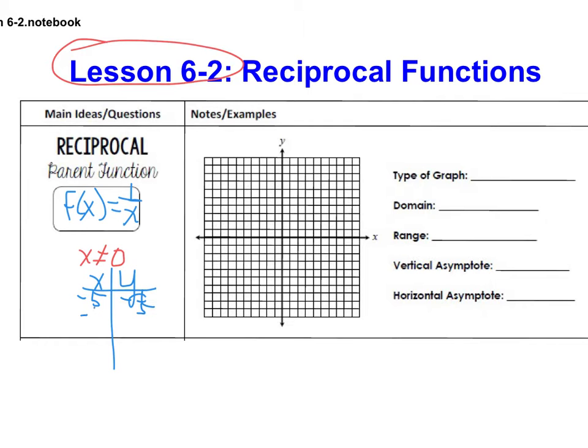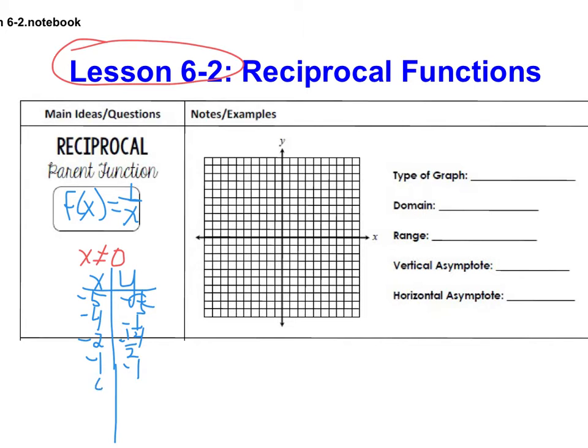Then if I substitute in -4, I get -1/4. I'm going to jump to -2. If I substituted that in, that's -1/2. -1 is a good one. If I substitute in -1, I get 1 over -1, which is -1. So that's our first non-fraction ordered pair.